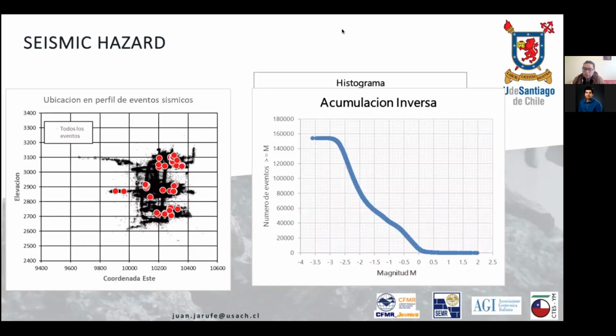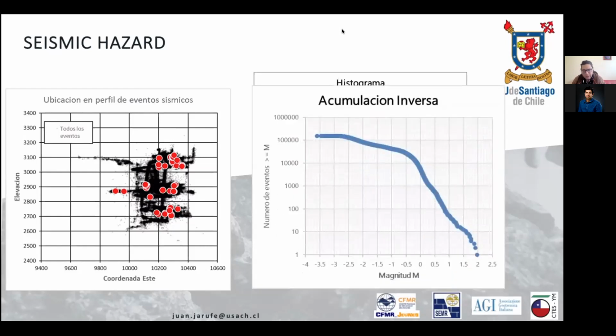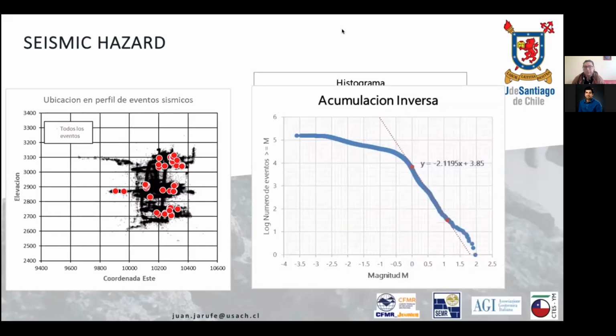So what we do to zoom into the right part is to put the vertical axis in a logarithmic scale, and we get something like that, and we can see a linear trend there. That is the frequency magnitude distribution, and you can fit a straight line that's called the Gutenberg-Richter relationship.